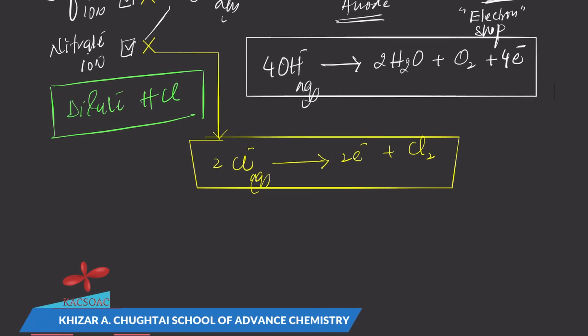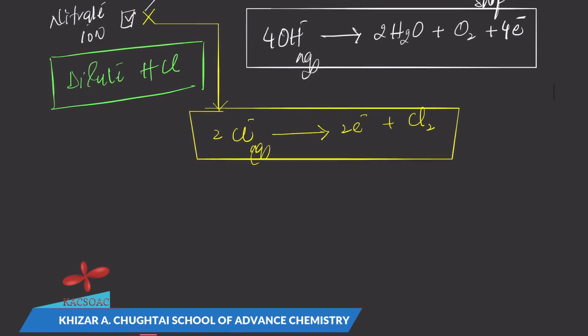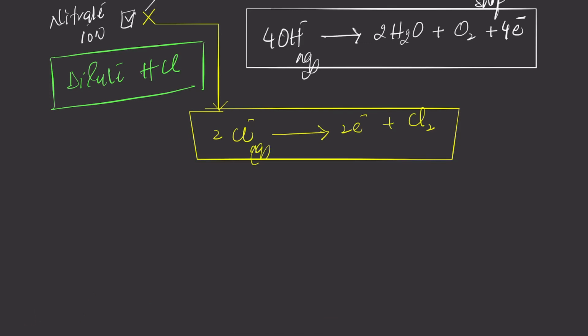Basically, according to the electrochemical series of negative ions, I am going to write the electrochemical series of the negative ions over here. The OH- ion is the most powerful, leaving the gap.